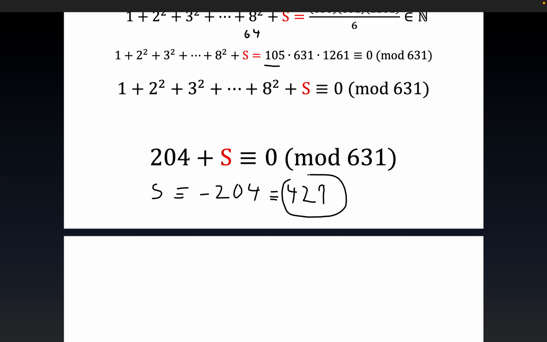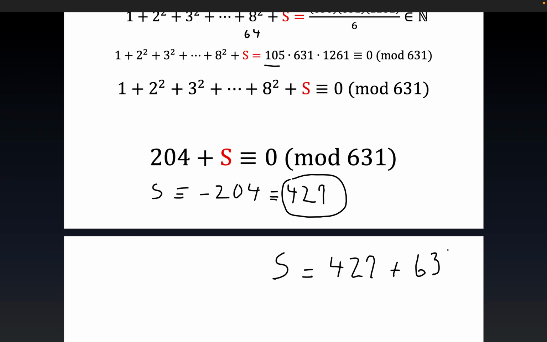Okay. Now, you could say, well, why didn't you just put 427 here? You can. You can just say that, and you know you have it, right? But this is just a little more explicit to write it as a congruence. It's just because this is what we mean by remainder. Remember, this means that S is equal to 427 plus some multiple of 631.